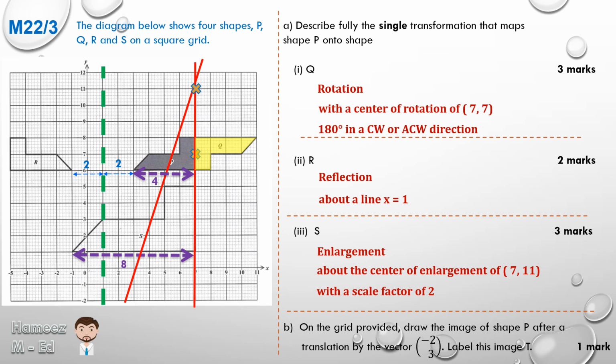So let's take the top right side point or vertex of the shape P. Let's move it 2 units to the left. And let's go upwards 3 units. Let's bring it up and slide it across, and that's our new image T. So we've completed the question.